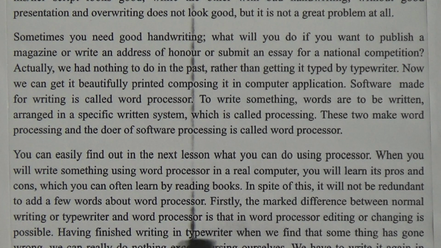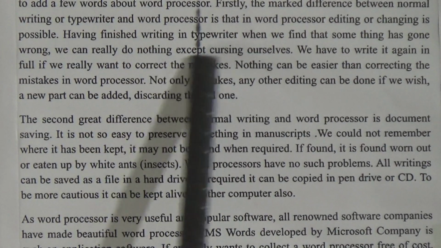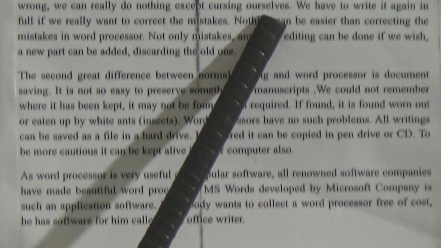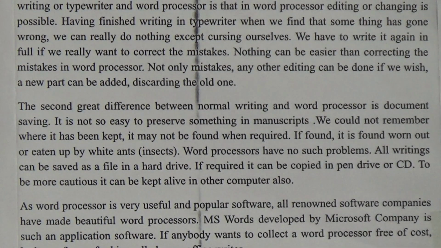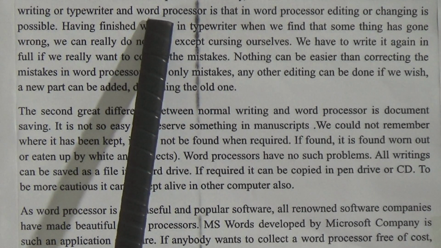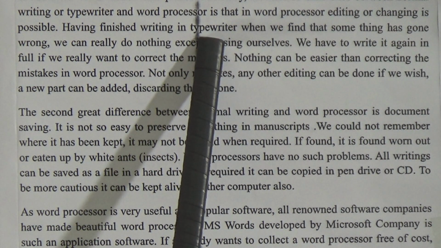Having finished writing on a typewriter, when we find that something has gone wrong, we can really do nothing except curse ourselves. Students, these are important lines. We can mark the difference between normal writing and word processor. When we write on paper or with a typewriter, there are a lot of mistakes, but we can't change them.